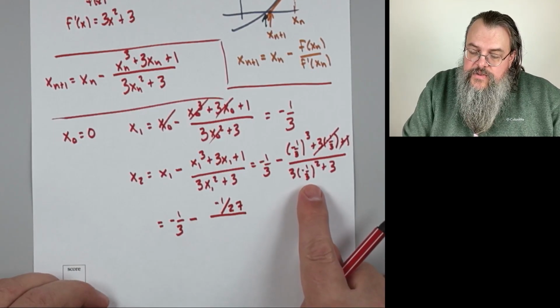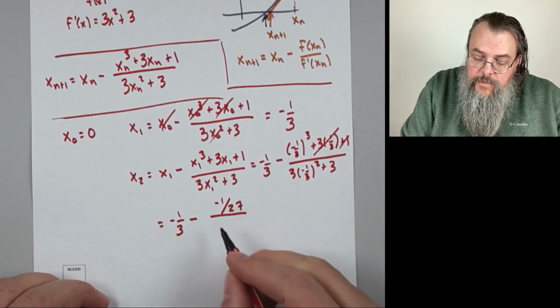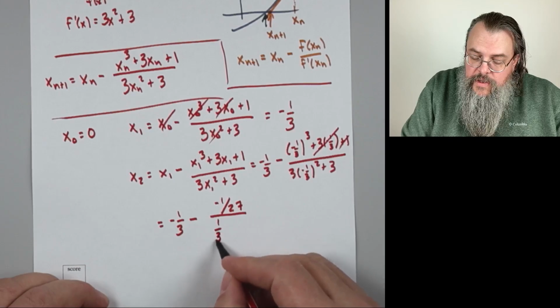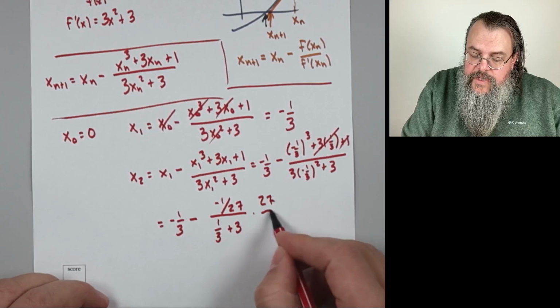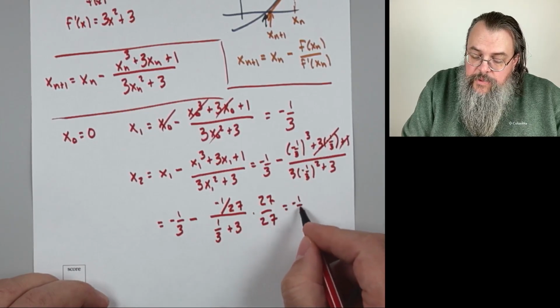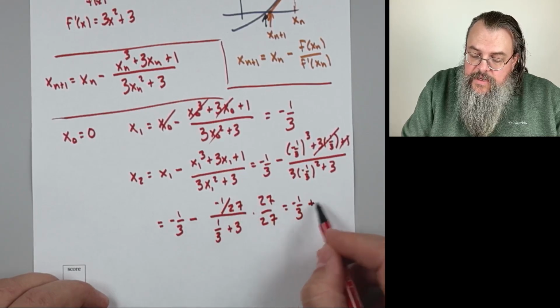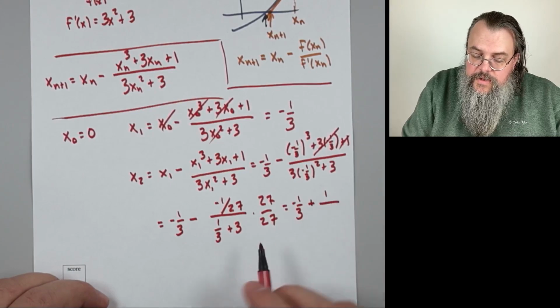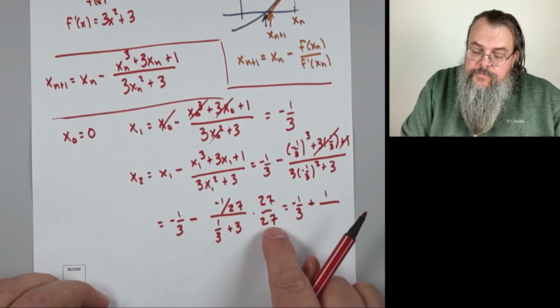Downstairs, negative 1/3 squared would be 1/9 times 3 would be 1/3, plus 3. Well, okay, multiply top and bottom by 27. If we do that, we'll get negative 1/3 minus a minus 1, so actually we can make it a plus 1, over 1/3 times 27 is 9.